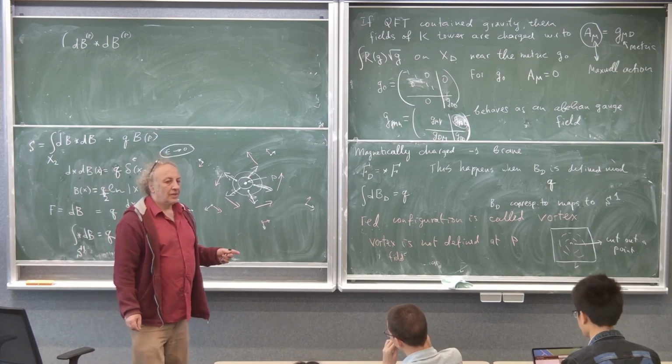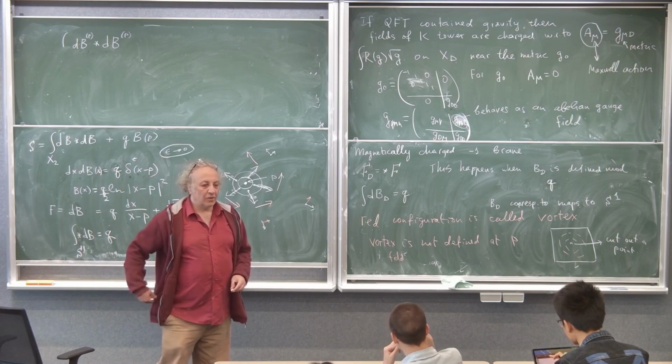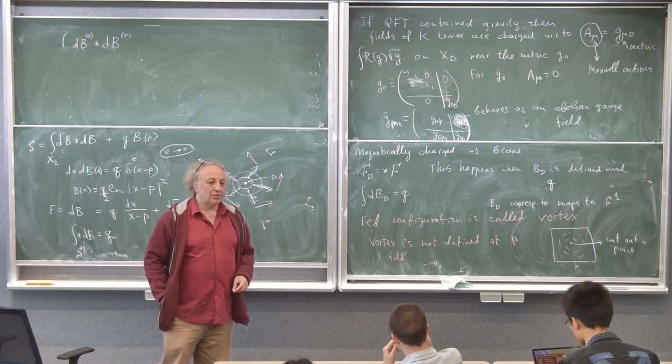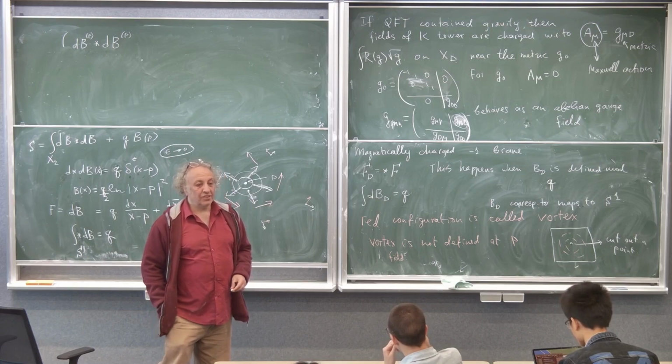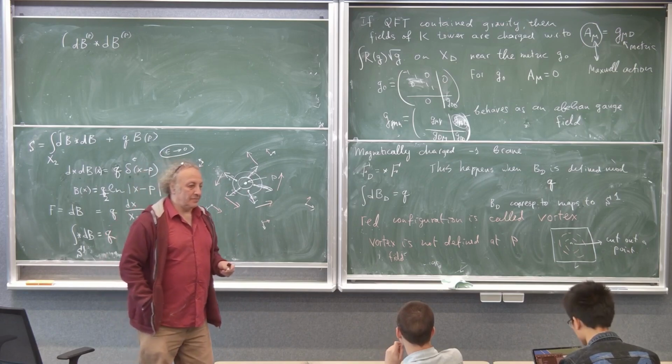And now let me briefly explain what happens in the Gross-Perry gravitational instanton, if we accept it.